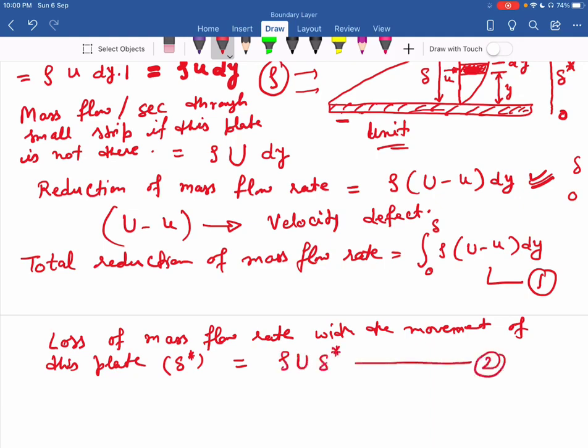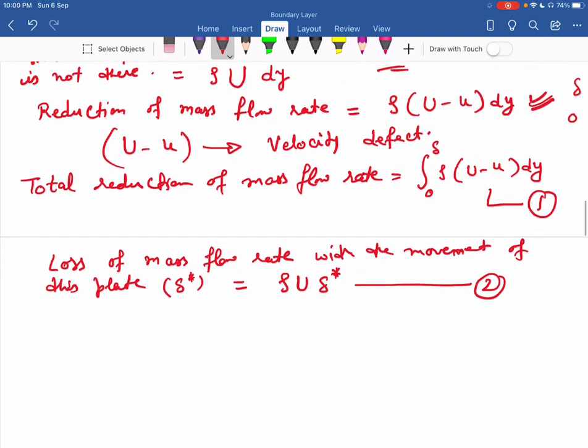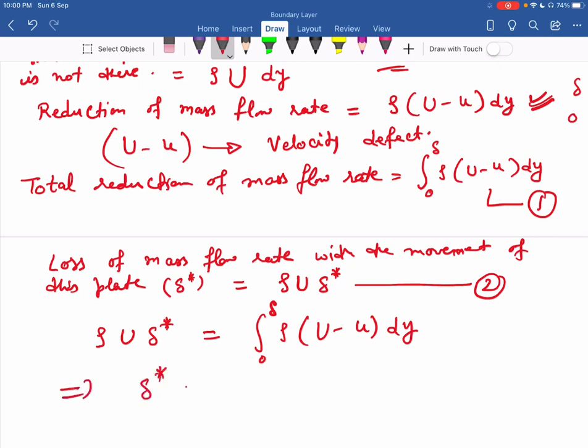This is equation 2. Equation 1 is equal to equation 2, because both are the loss of mass flow rate due to the presence of the plate or due to its movement. So I equate 1 with 2: rho U delta star equals the integral from 0 to delta of rho (U minus u) dy. Rearranging the terms, delta star is equal to the integral of (1 minus u divided by U) dy, with y from 0 to delta.